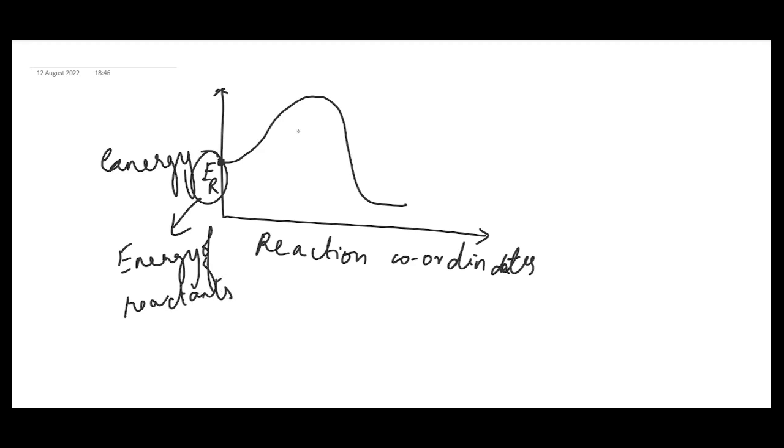And the topmost point is the threshold energy, which we represented by ET. Now the bottommost point is EP, which is the energy of the products.